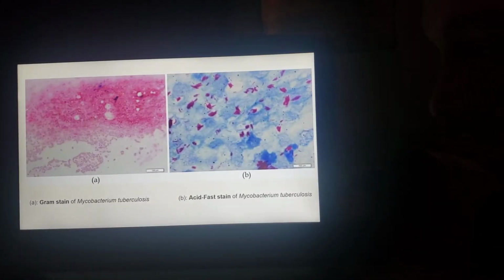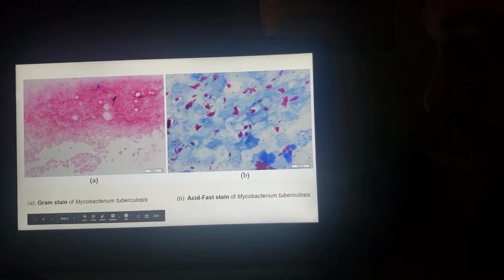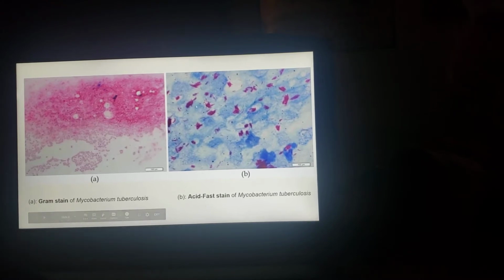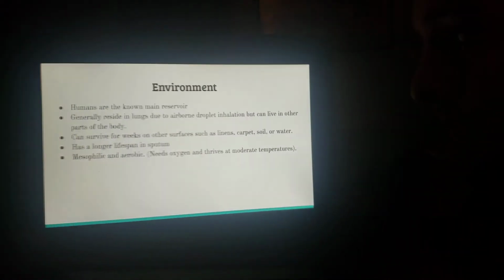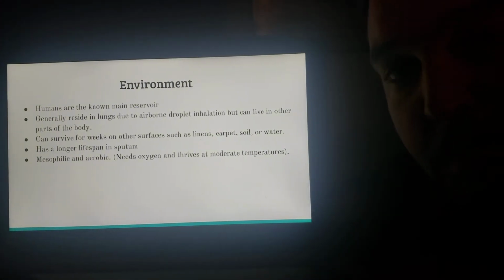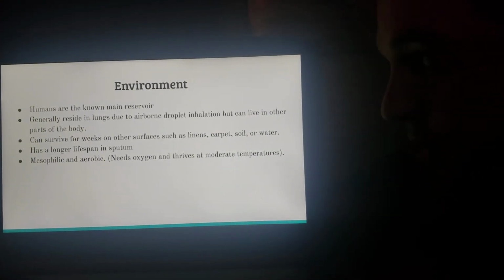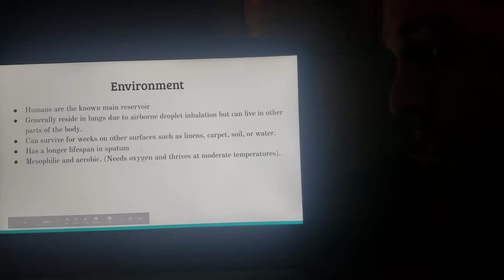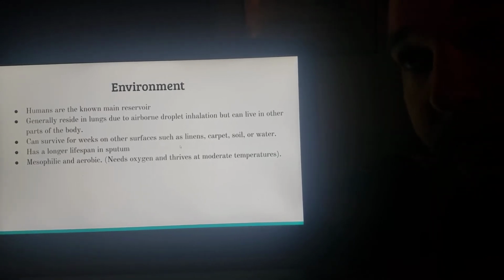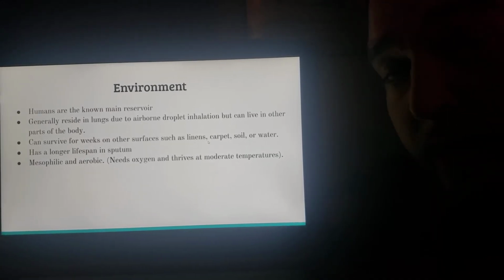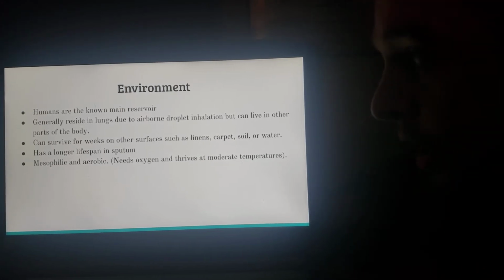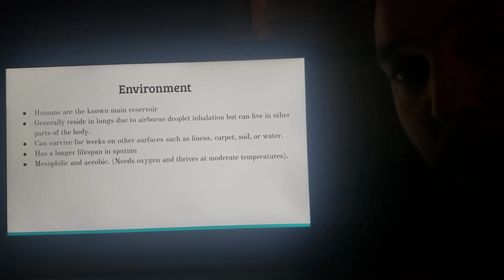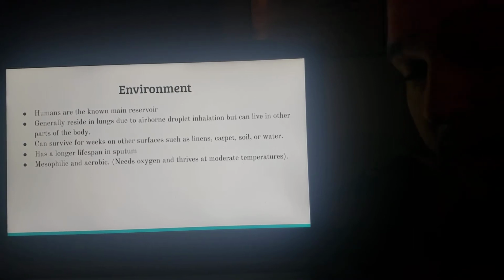Here I have a picture of what it would look like in a gram stain, and then a picture of it in an acid-fast stain. So, the main reservoir that we know of: it generally will reside in the lungs, and it gets into the respiratory tract through airborne droplets, but that does not mean that's the only place it can live. It can live in any part of your body.